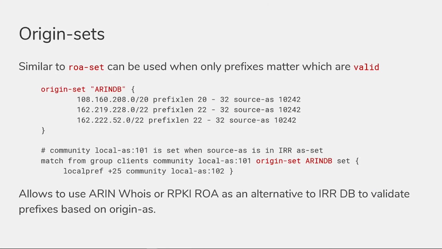And what you can do then, because you actually have the origin, so the source AS, and the prefix, you're able to combine that with the IRR AS number set and say, if your IRR prefix list for some reason is not really up to date, we still accept it through one of these other tables, and are able to say, okay, this is still fine.